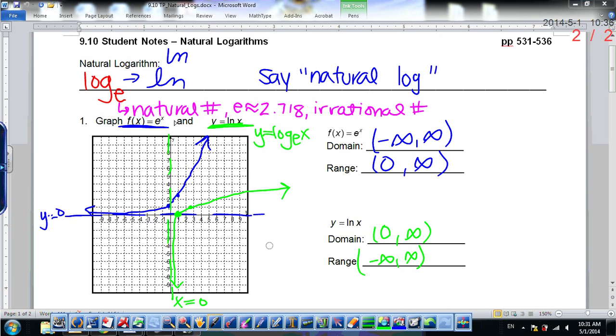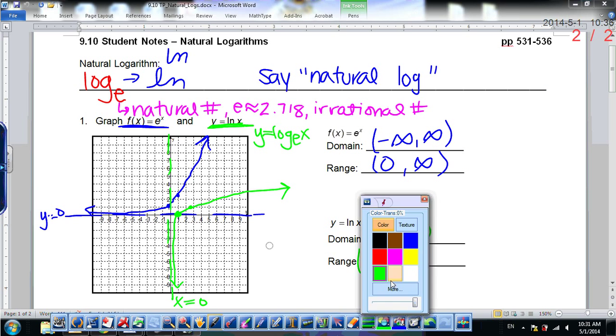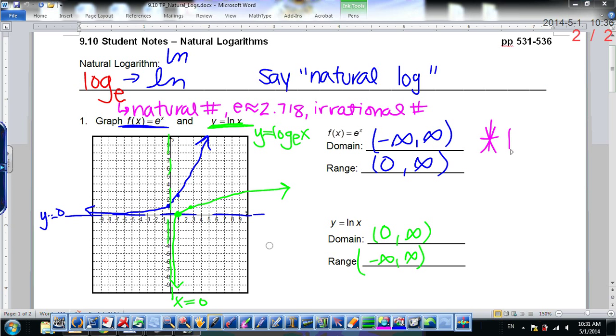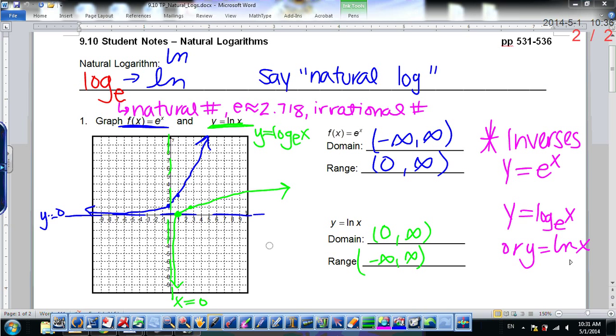These are inverse functions. So we have y equals e to the x and y equals log base e of x, or what we call y equals the natural log of x. Just like if I had 2 to the x, the inverse would be log base 2 of x.